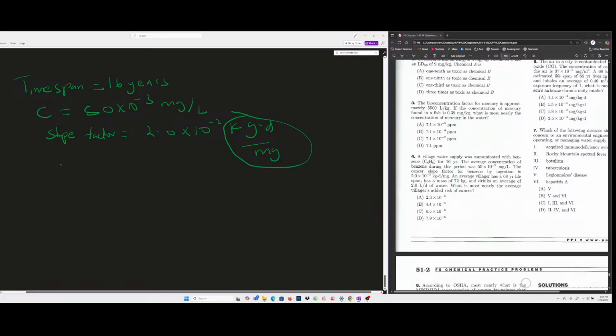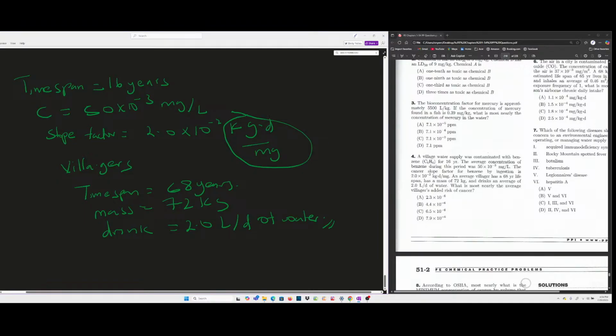And this is for the villagers. The average lifespan for the villagers is 68 years, the average mass of people in the village is 72 kilograms, and the villagers drink 2.0 liters per day of water.